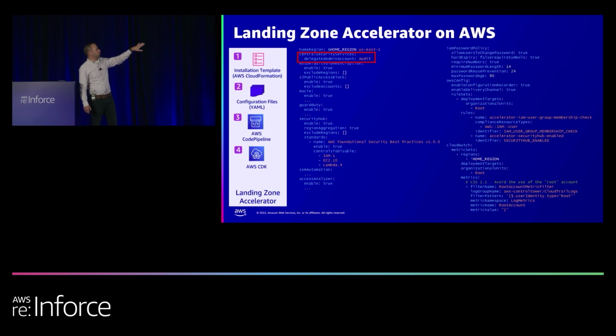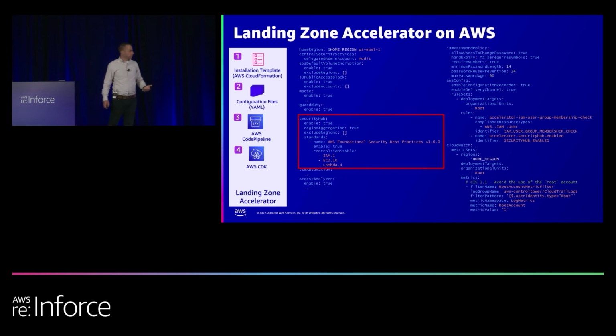So this member account here, the audit account, is the delegated administrator in this particular configuration for those administrative functions. So you don't have to go in and point and click your way through Organizations or IAM to figure out how this will get configured across multiple different AWS accounts. This gives you that flexibility and ease of use to configure it once and centrally here.